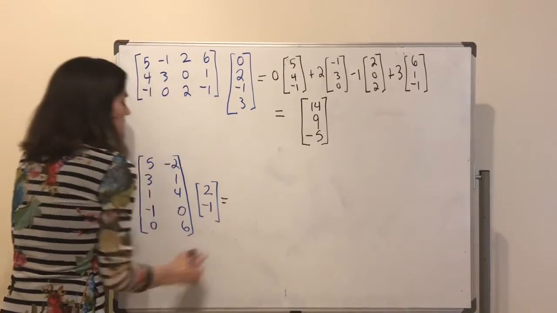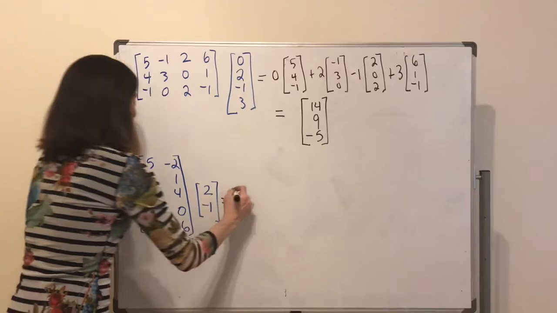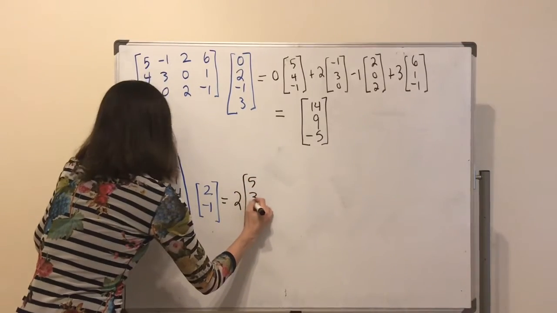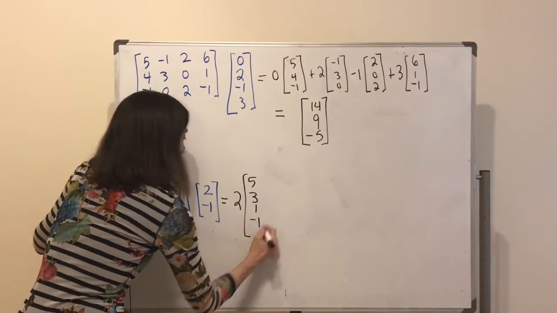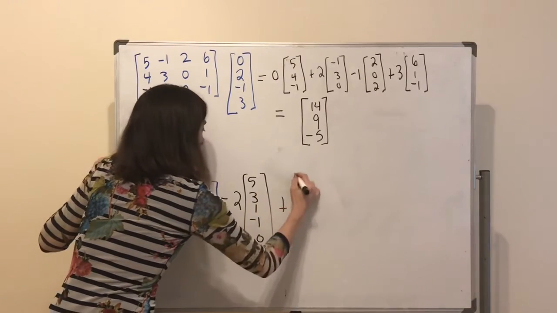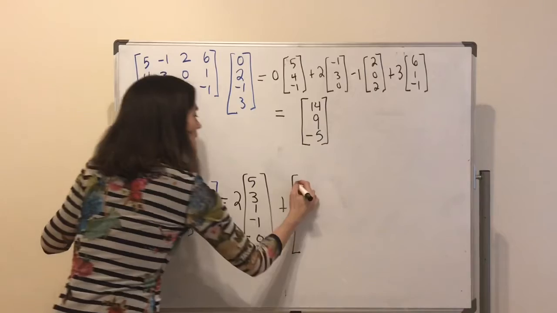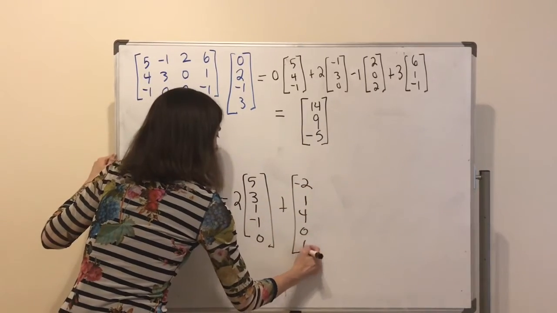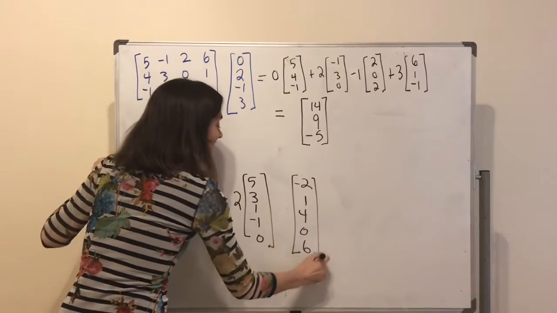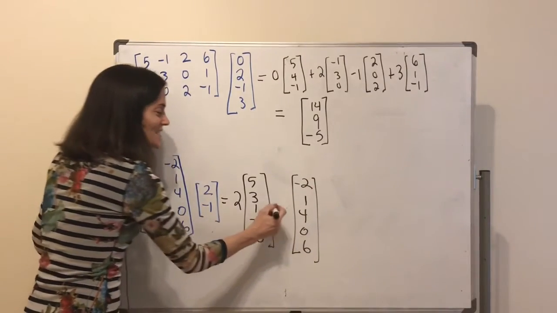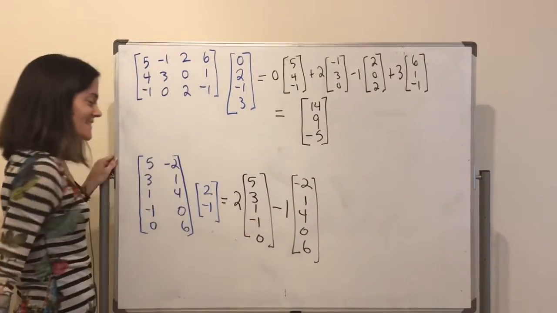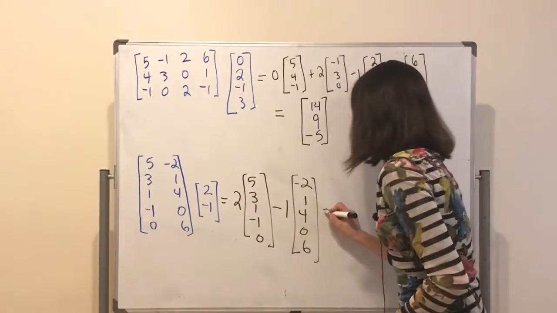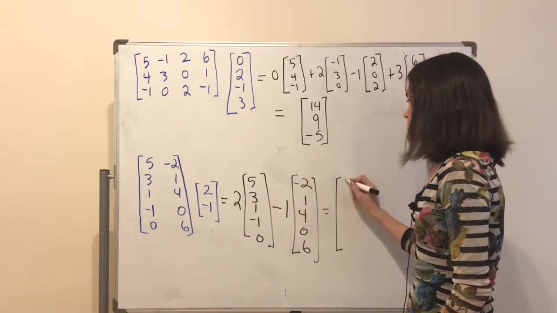And this one, this linear combination of the columns, is 2 times 5, 3, 1, -1, 0, plus here, -2, 1, 4, 0, and 6. Oh, not quite. I left off my coefficients, so it would be -1. Okay, here, and then we just add these two, which is 10 plus 2, 12.